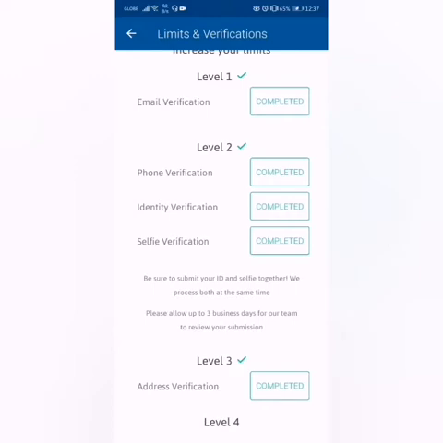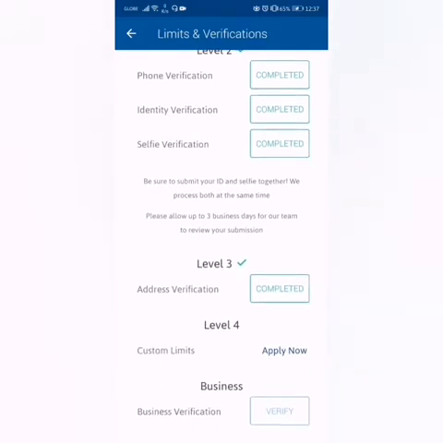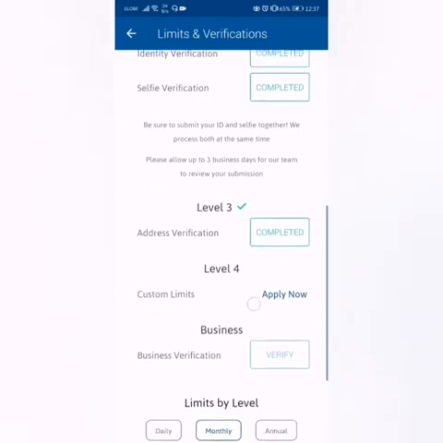So this is the time that you have to upload a photo of your ID, a valid government ID. And then level 3 is address verification. So it's the same as with the identity verification. You just have to submit a photo of a utility bill that's under your name, or it has the same address that you have, and all that.